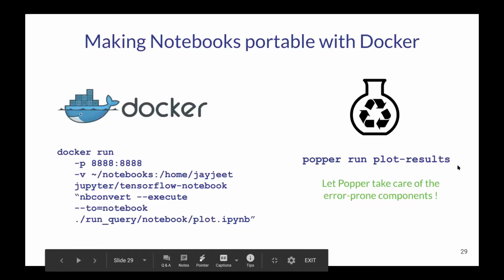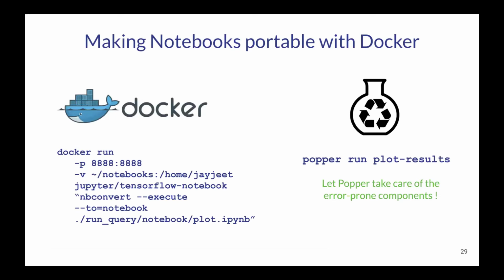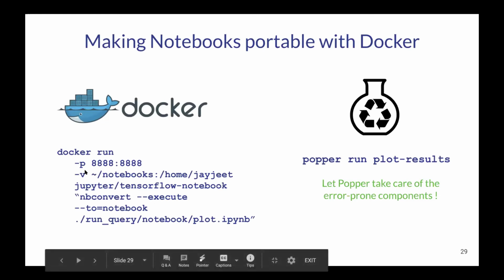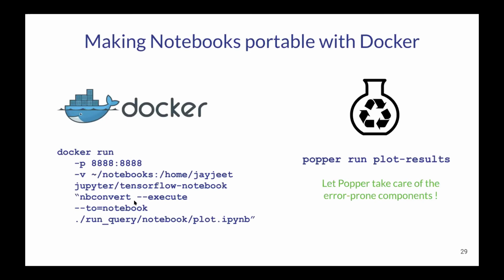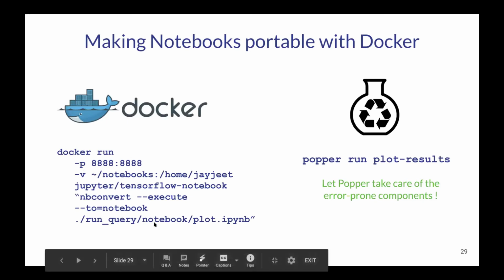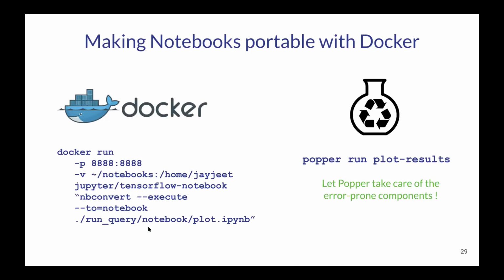Okay. After the experiments are done, the step that comes next is plotting the results inside notebooks and sharing. We want to make the entire workflow reproducible. So we would again use Docker, but with Docker to run notebooks, it again takes a lot of flags and makes the thing complex again.